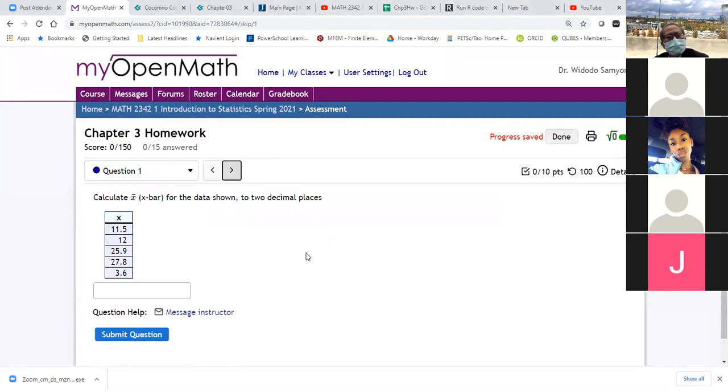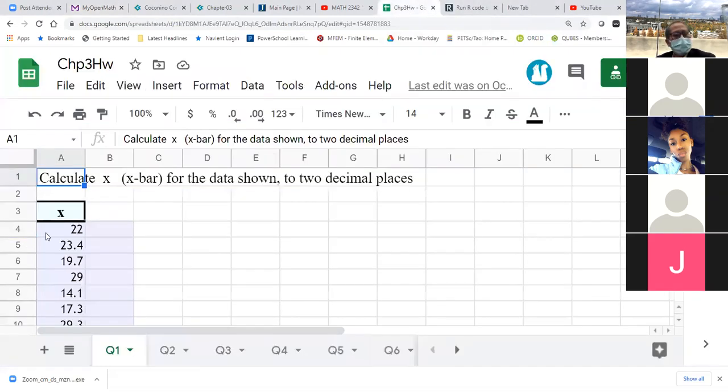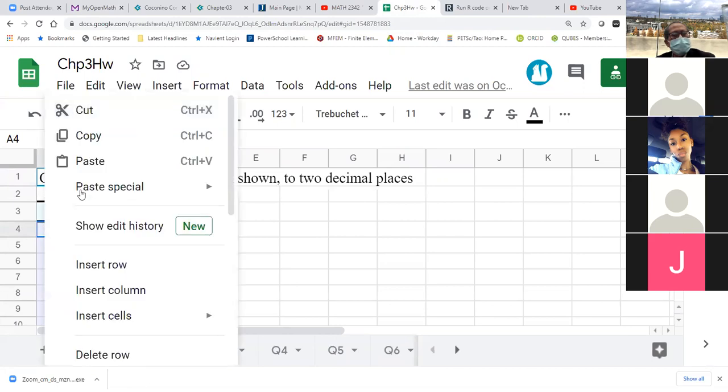So this is question number 1. What you can do is just use the Excel activity. You can copy this by highlighting, right click, copy, and then put it in the Google spreadsheet or in the Excel. Right click and then paste it.